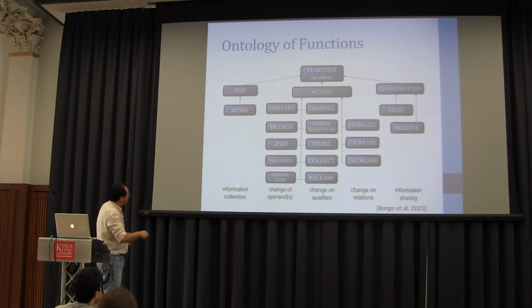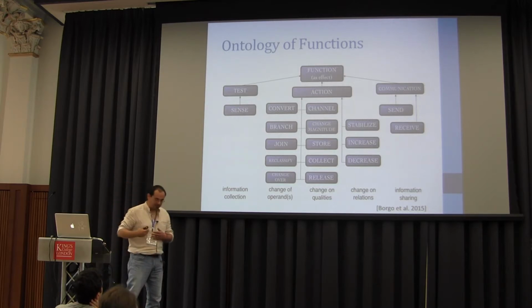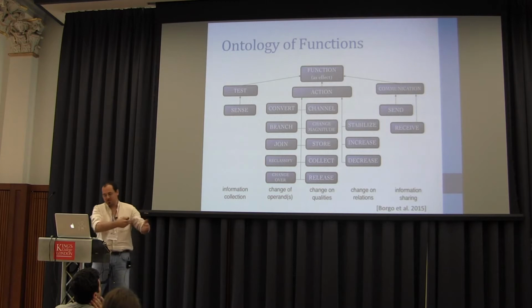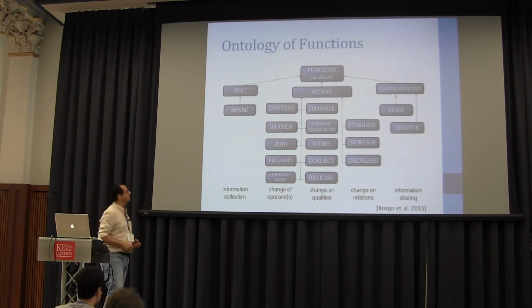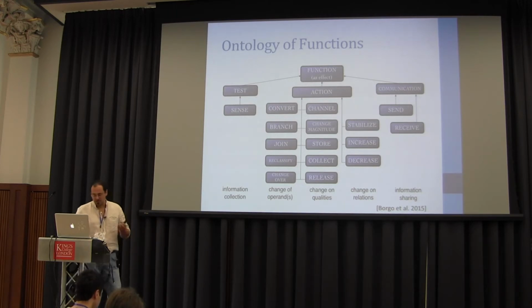So this is a sort of abstract classification. There are different kinds of functionalities that can be implemented. For instance, in the transportation module, we focus on the channel, that is the functionalities of transporting pallets, so transporting objects and changing the position in the plant. But this is a general description of the functionalities of such kind of modules.